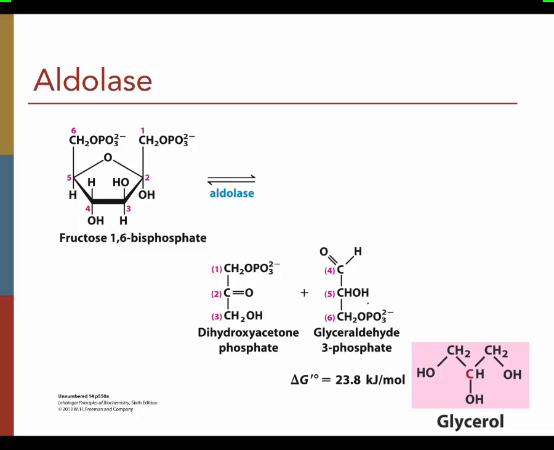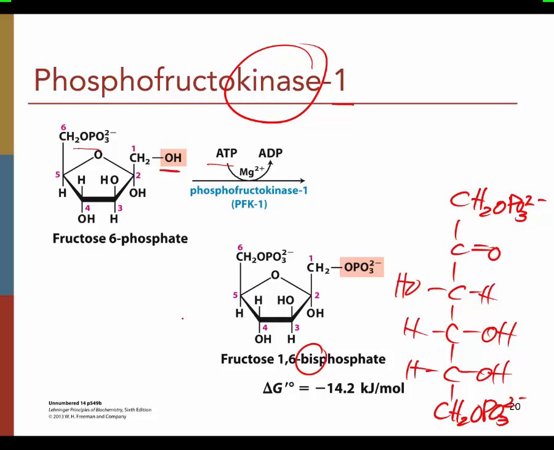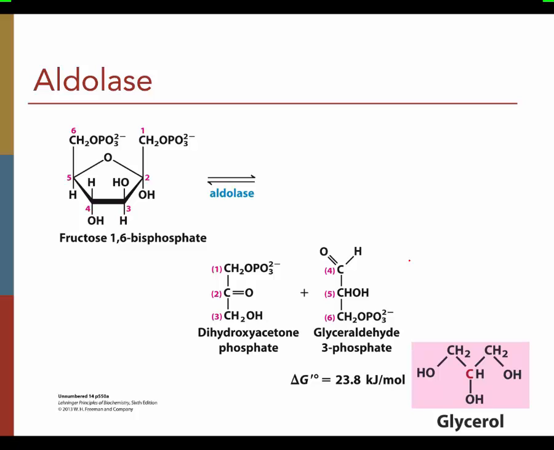So now from fructose 1,6-bisphosphate, so now you can see we have a 6-carbon sugar with 2 phosphate groups, and hopefully you can see then that it might be convenient if we split it into 2 3-carbon groups. Now they both have phosphates on them, right? So that's what aldolase does.